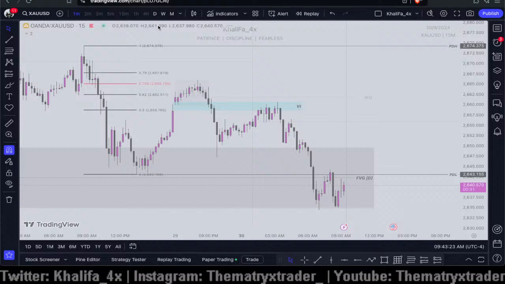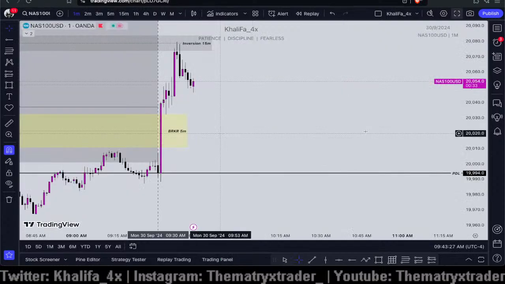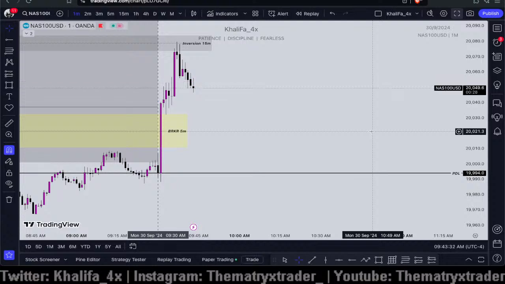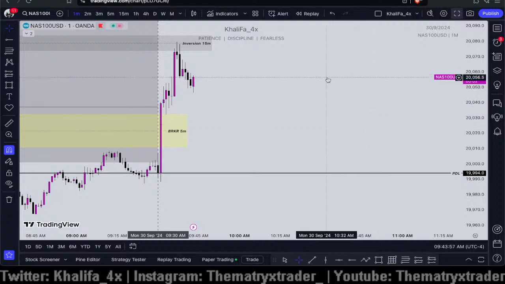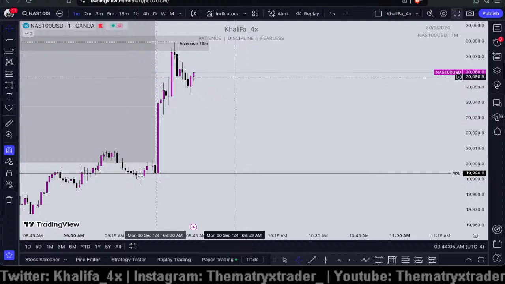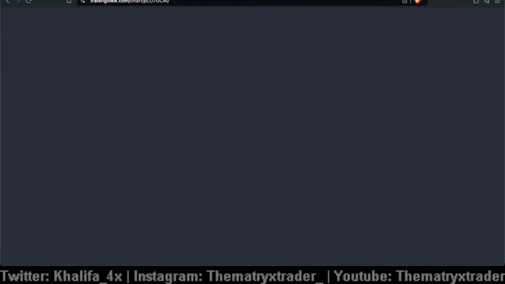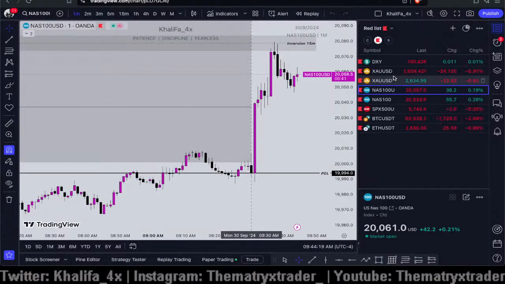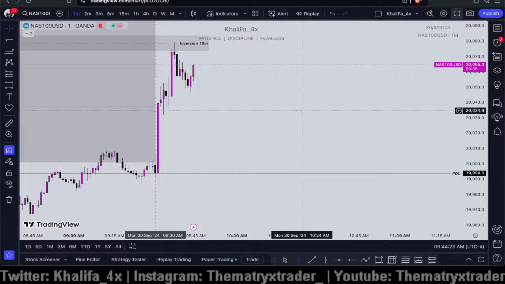Let's see what this gold is doing. Nothing interesting till now in the price action.